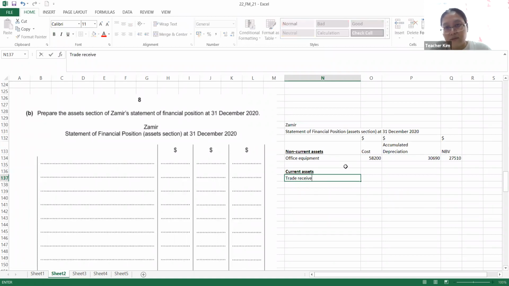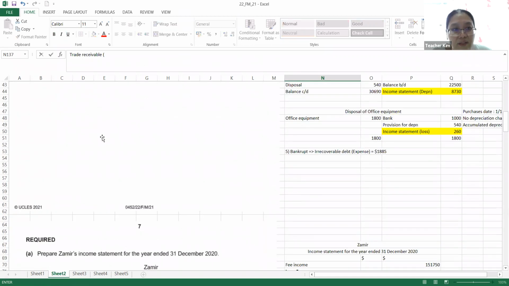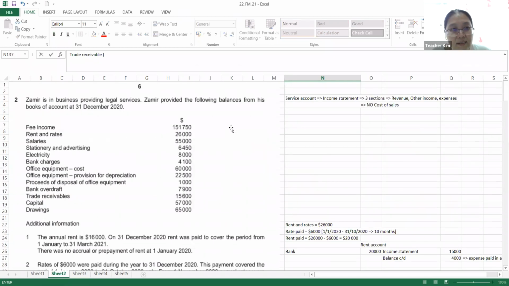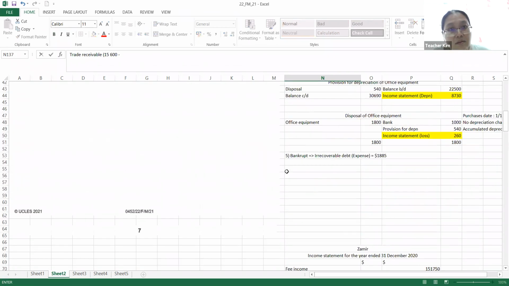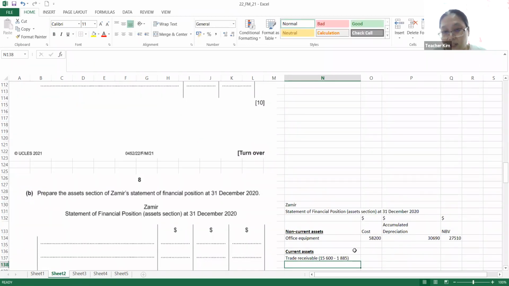But trade receivable, we have one irrecoverable debt in this information. So we have to minus. So take the trade receivable amount, which is 15,600 minus 1,885. So this is the trade receivable amount.